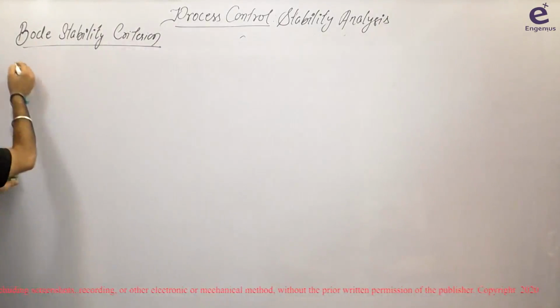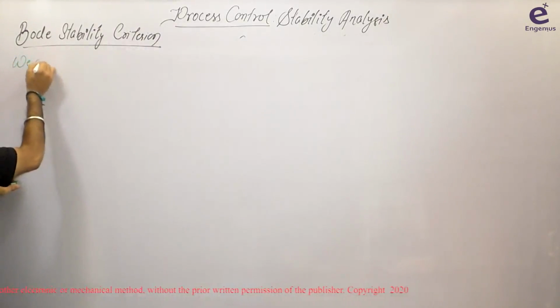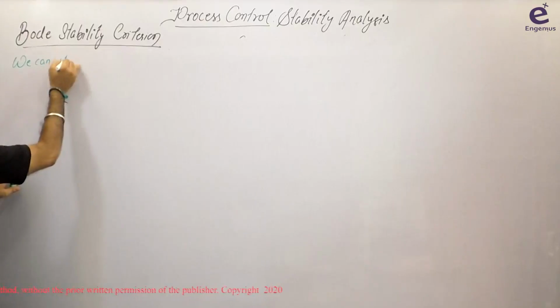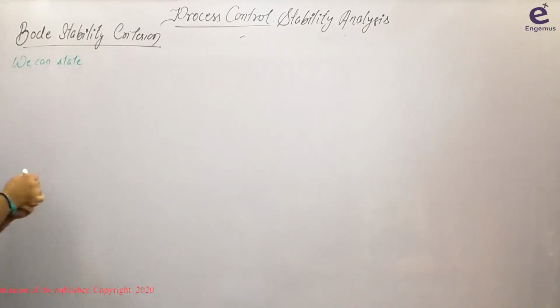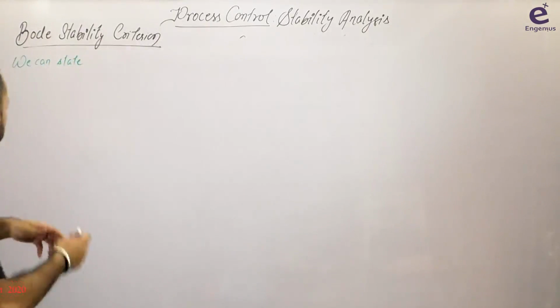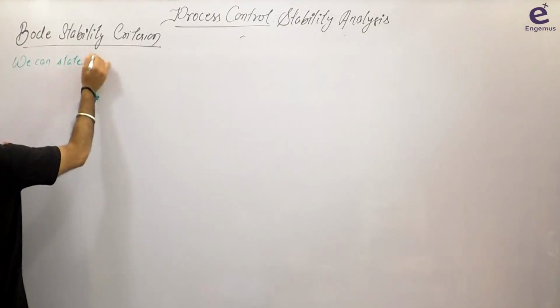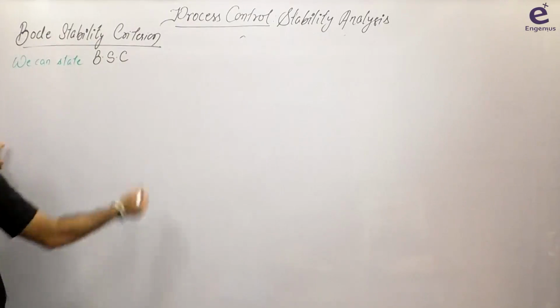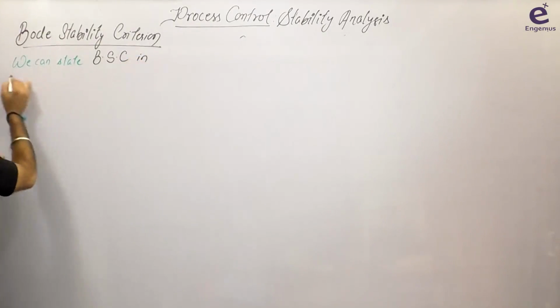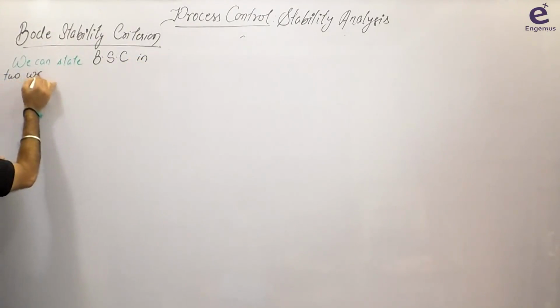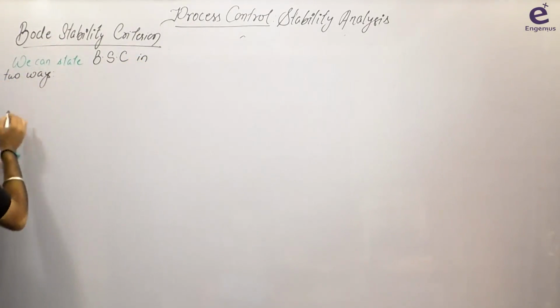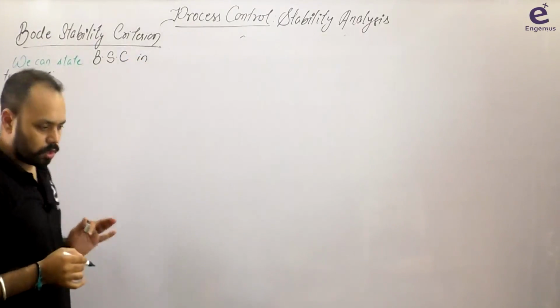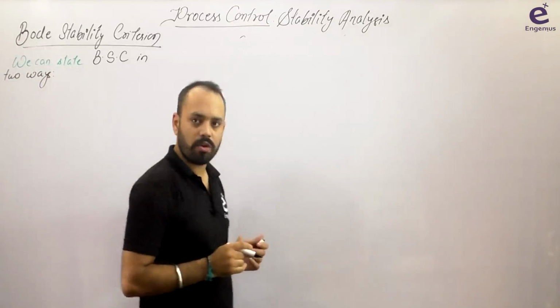We can state Bode stability criteria in two ways. What are those two ways? The most commonly used is with respect to the phase crossover frequency.